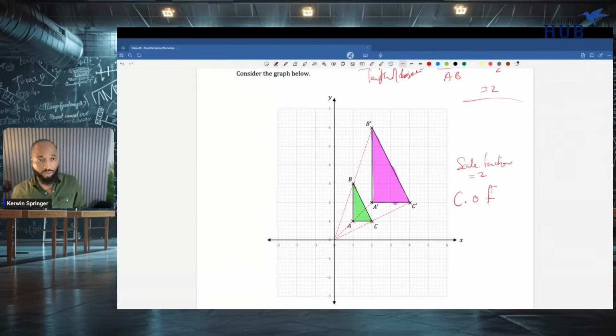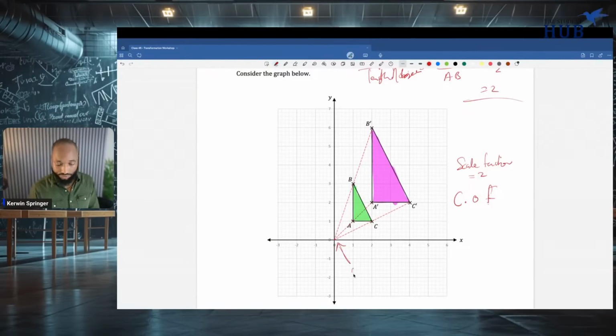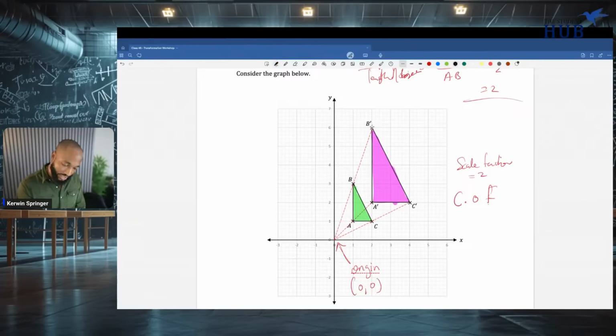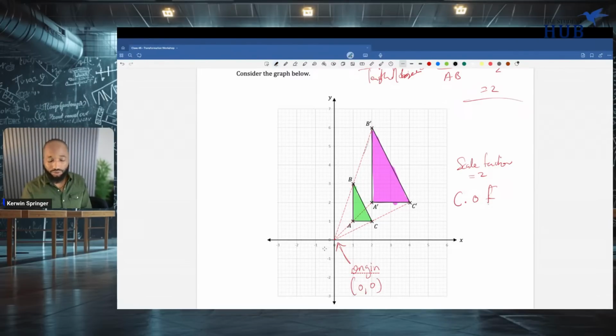The center of enlargement in this case is the origin, whose coordinates are 0, 0. Very good. You can't just put 0, you have to put 0, 0. And to get the center, you connect all the vertices and it will direct you to the center of enlargement. Let's keep pumping.